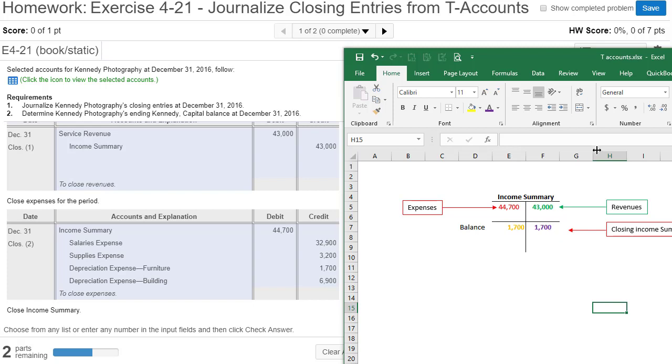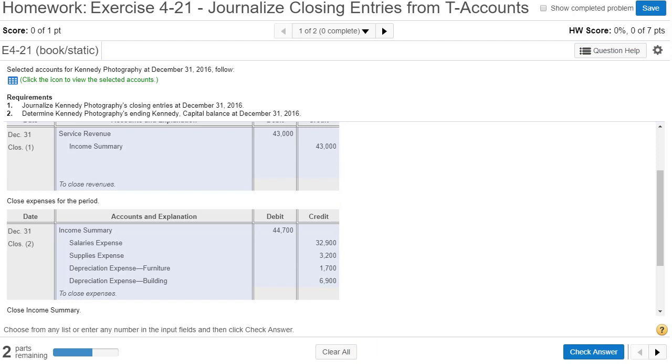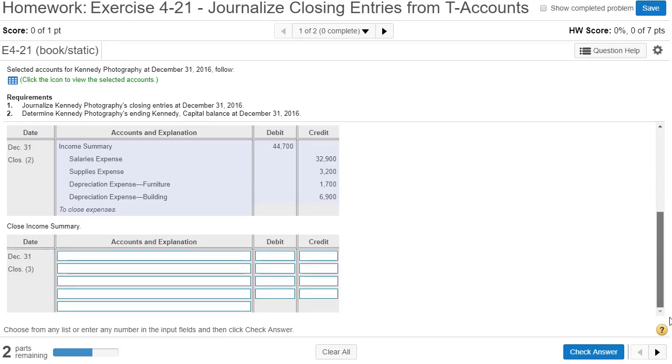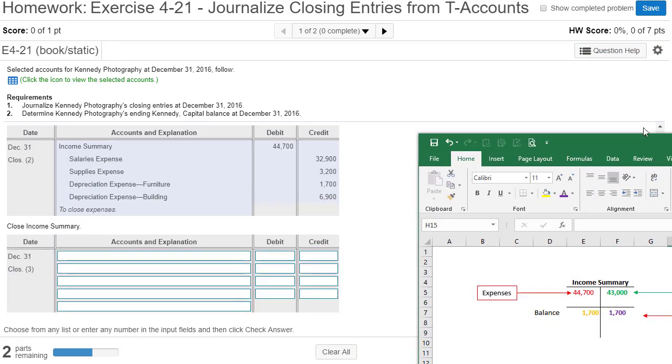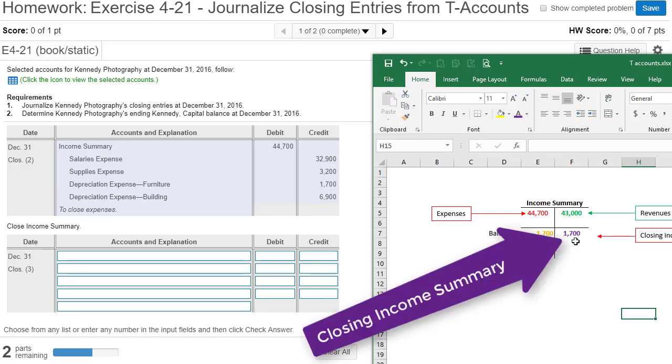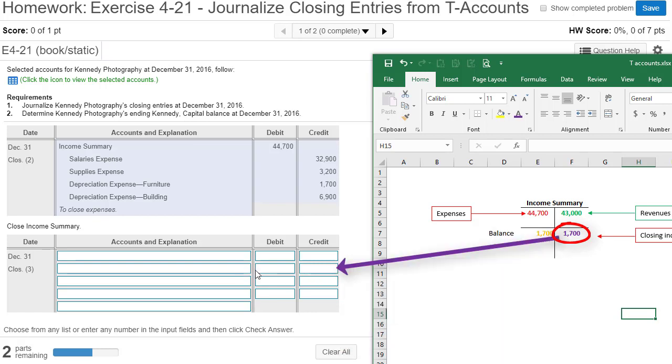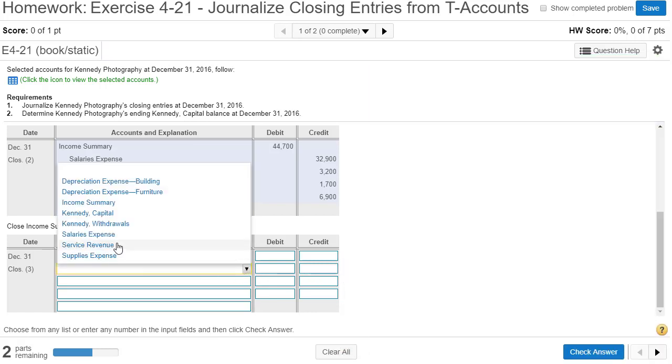So now I'm going to go back to my accounting lab, scroll down, and remember this closing amount was $1,700 on the right side. So that's the credit. So income summary is going to be the credit for $1,700.